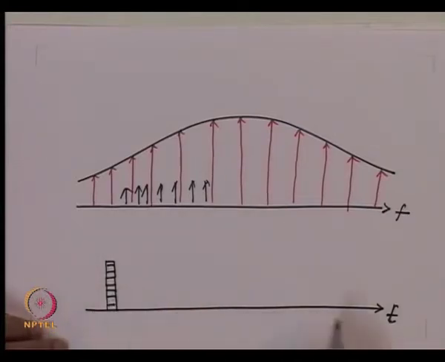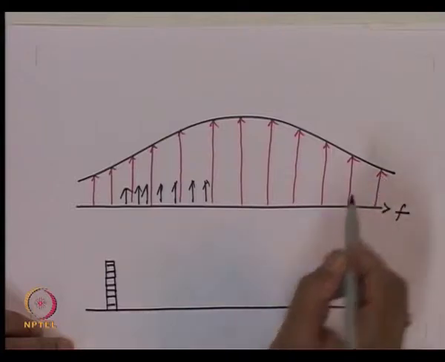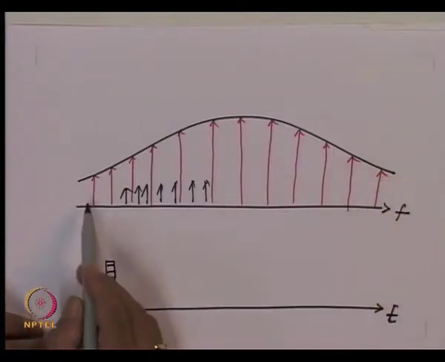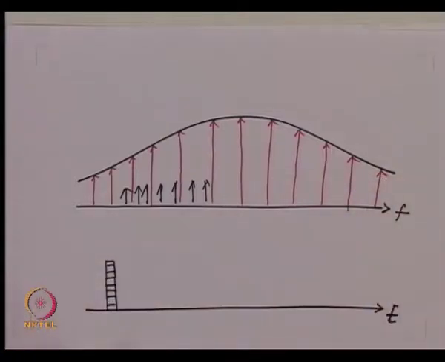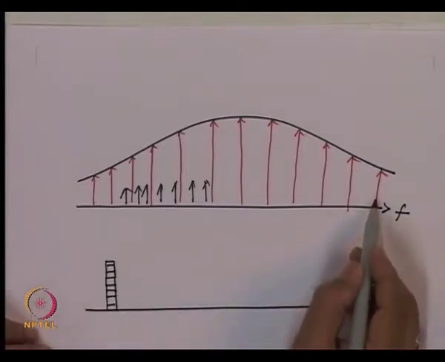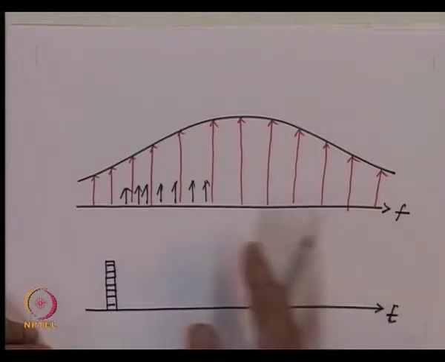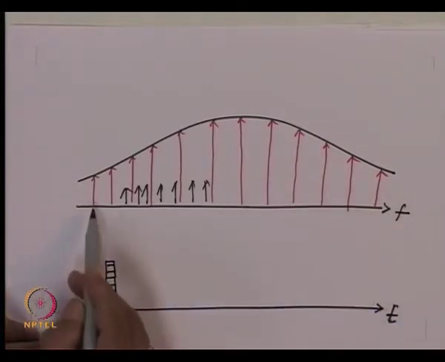Now we let these pulses move along the optical fiber, and let us say the high frequency travels faster compared to the low frequencies. Then the pulse riding on this carrier would go further, or go ahead of the pulse riding on this one.